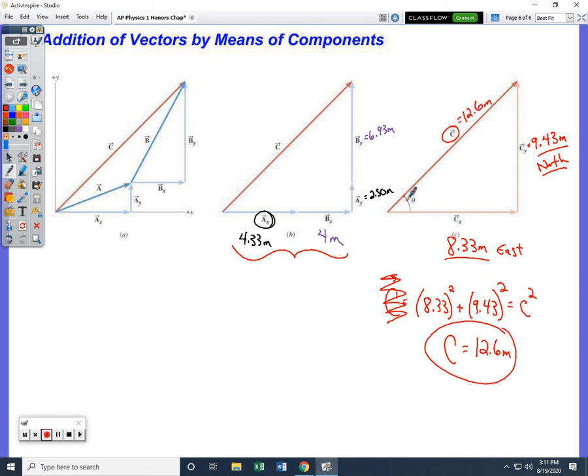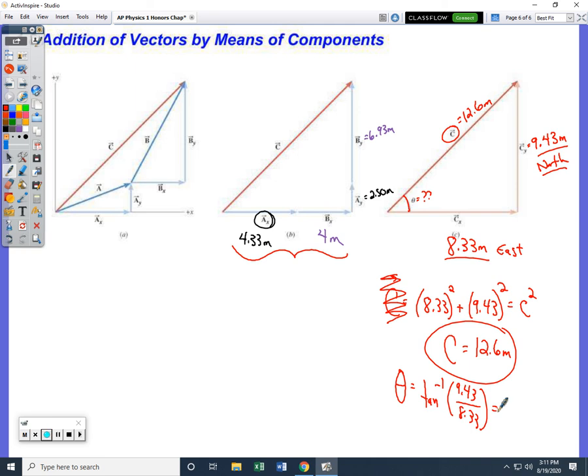The next step is I need to figure out what this angle is down here. Going back to what we did on the other set of notes, we're going to use tangent. I'm going to take the inverse tangent of my opposite over my adjacent. So I'm going to take my 9.43 divided by my 8.33.